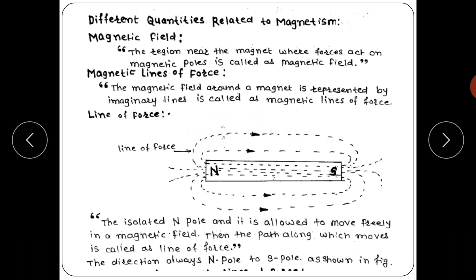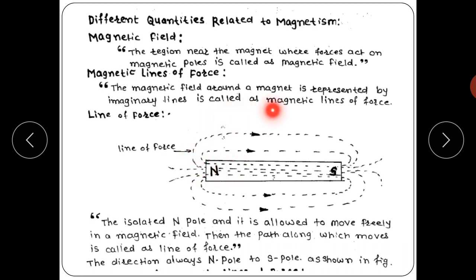What do the lines of force mean? Suppose this is an isolated north pole, and it is allowed to move freely in a magnetic field. Then the path along which it moves is called a line of force.